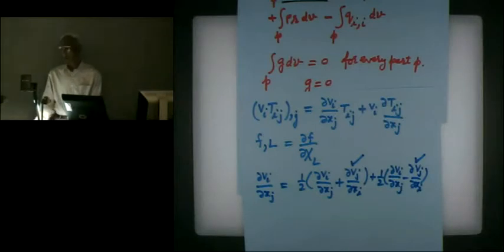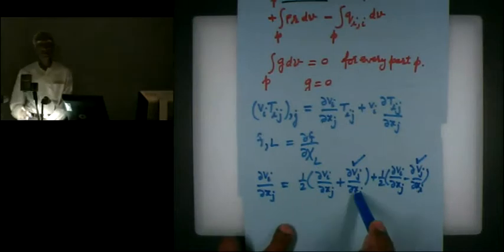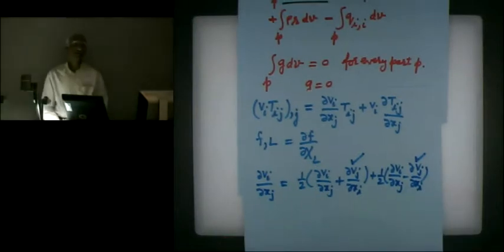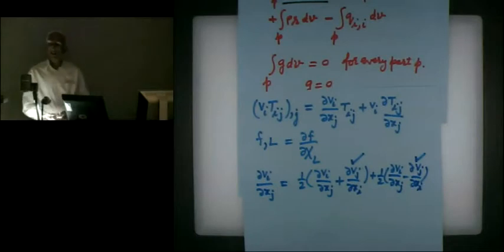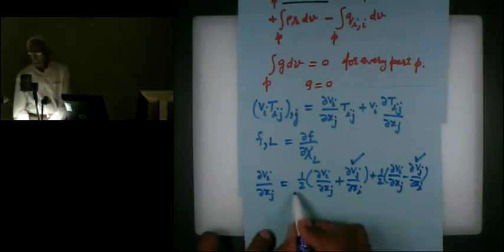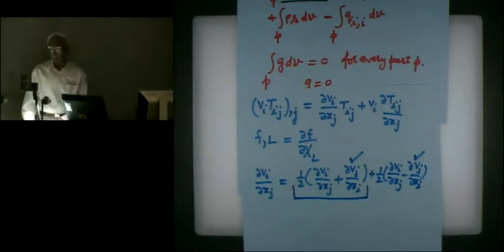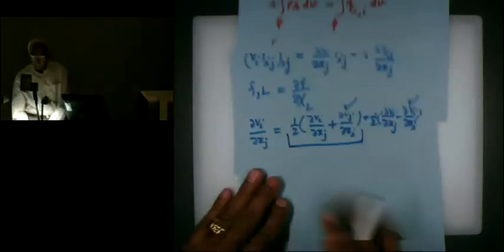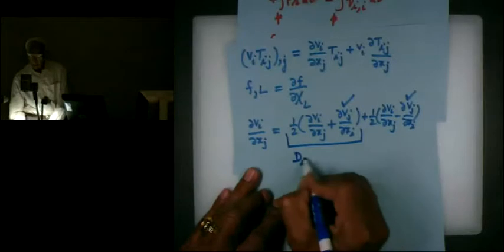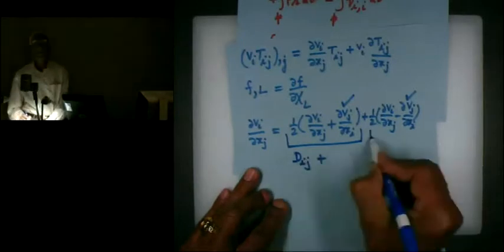So we wrote 1 equal to 1/2 plus 1/2, and then we added this and subtracted the same thing. So we are okay, balanced. Of course, there's a purpose behind it. What is this thing equal to? D. Very good. So this is Dij. And what is this one? Wij.